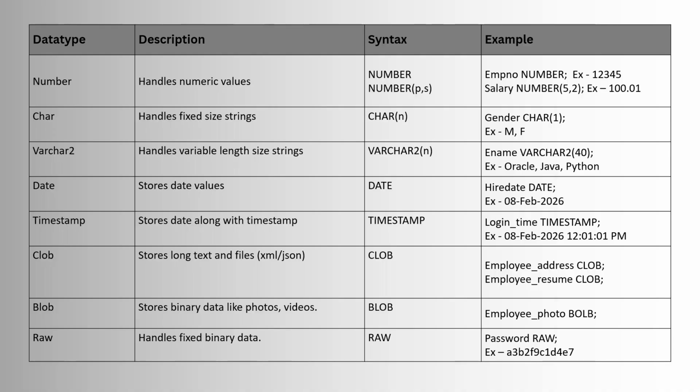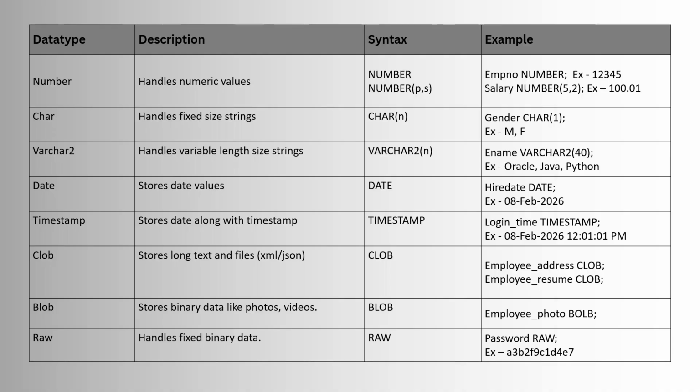But if you are using char of 40 here, it anyway occupies all 40 characters in the employee name column of that table. So that's one of the key differences between varchar2 and char.